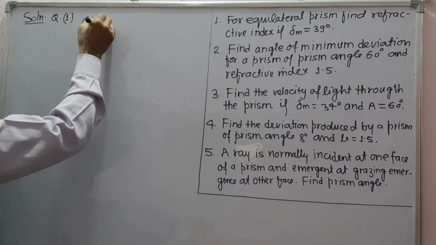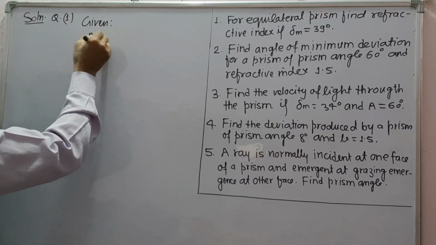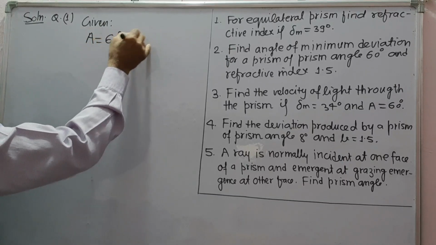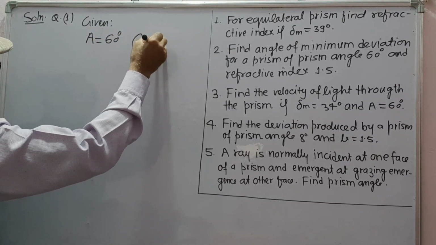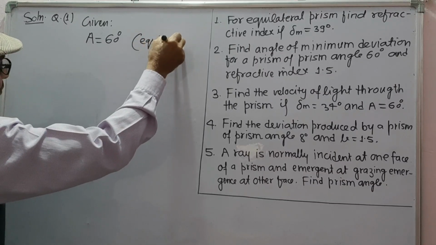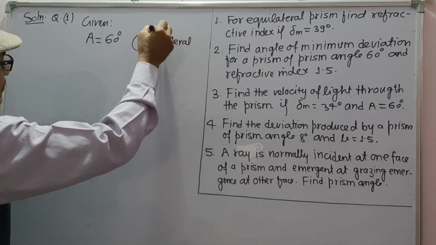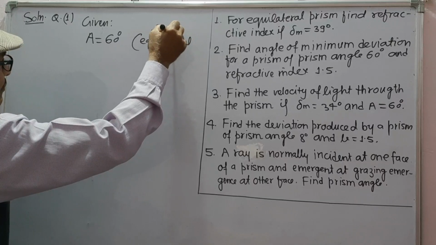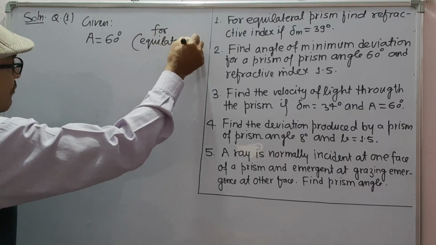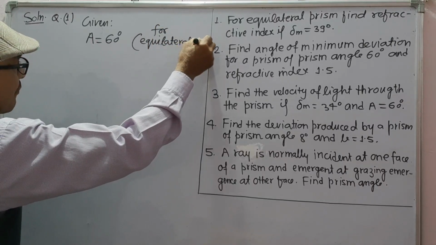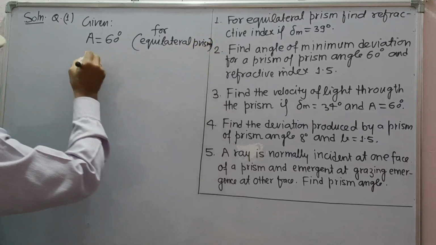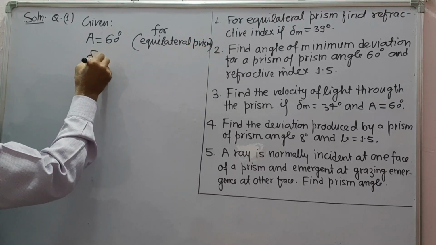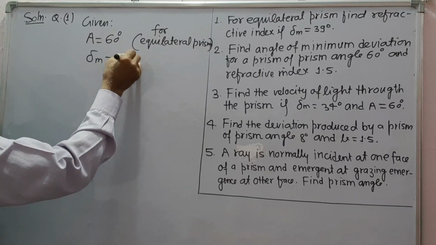Given A is equal to 60 degree, being equilateral prism, minimum deviation is 39 degree.